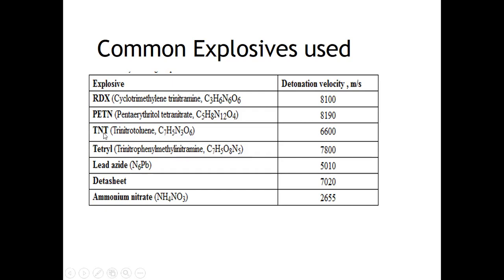PETN, TNT, another common explosive, able to achieve 6,600 meters per second velocity. Tetryl, lead azide, ammonium nitrate. This velocity is one factor you can go by.